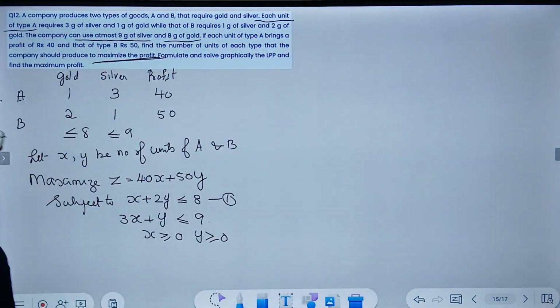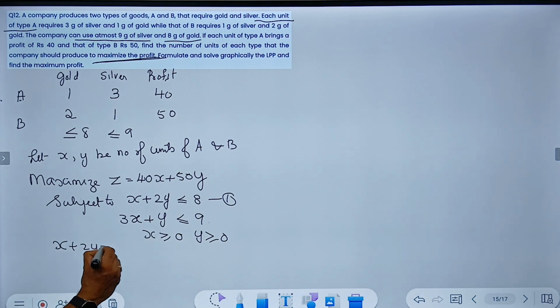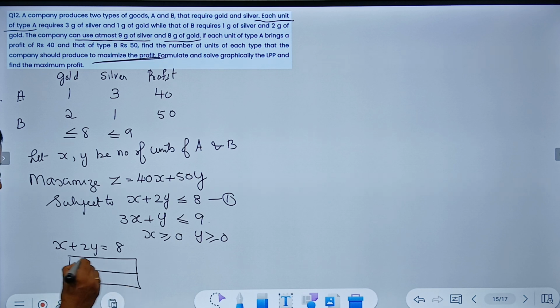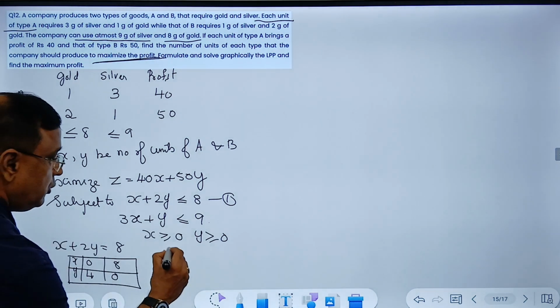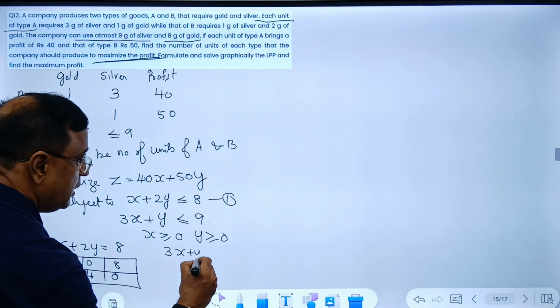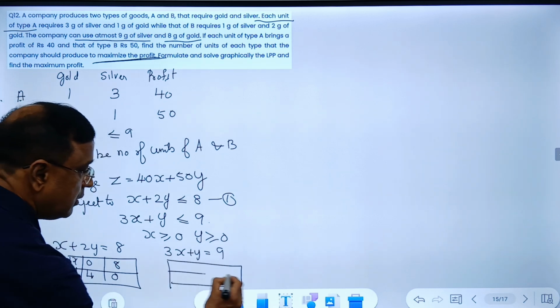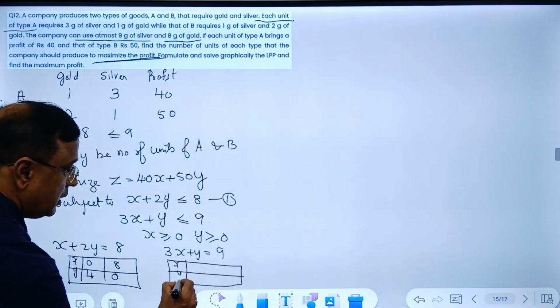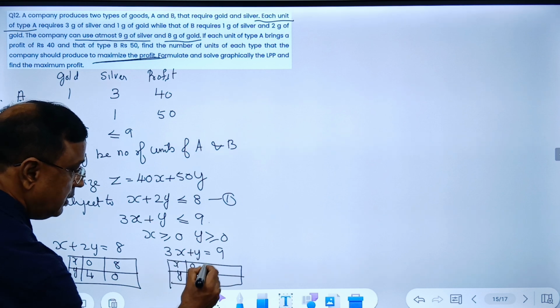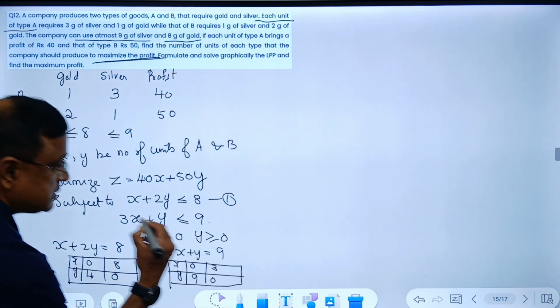Okay, now x plus 2y equal to 8. Plot the table. X is 0, y is 4; y is 0, x is 8. Then you have 3x plus y equal to 9. x is 0, y is 9; y is 0, x is 3.